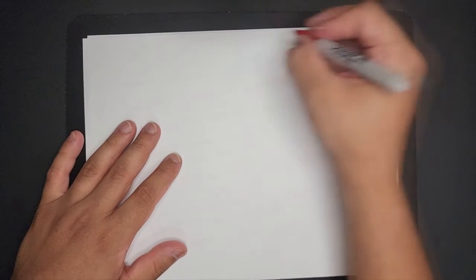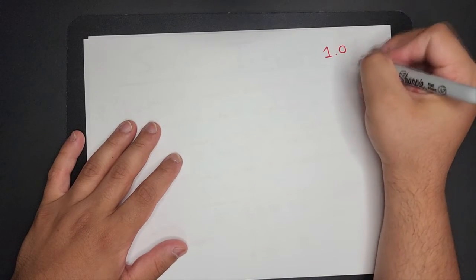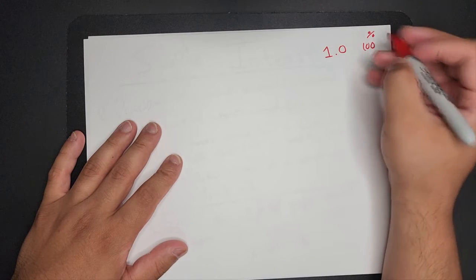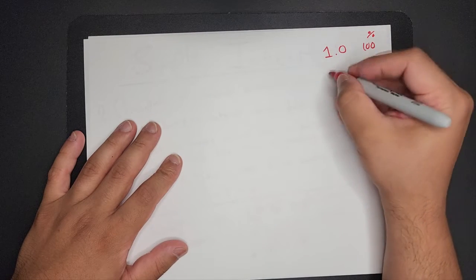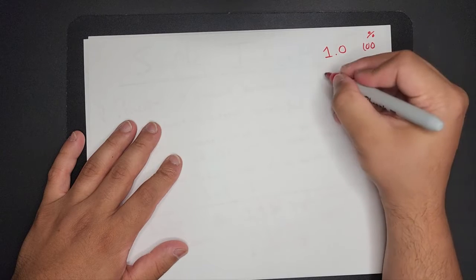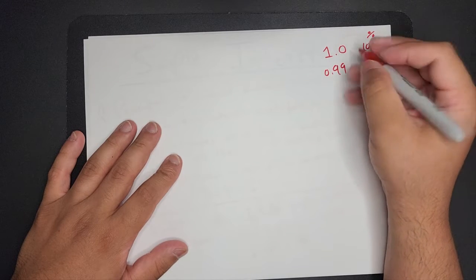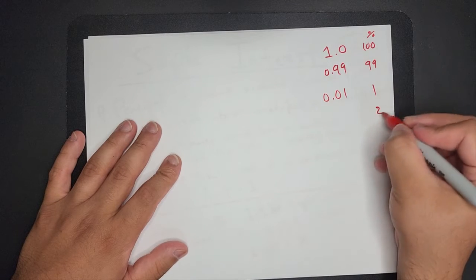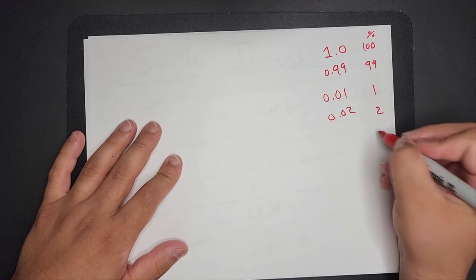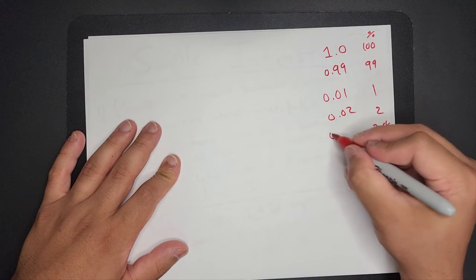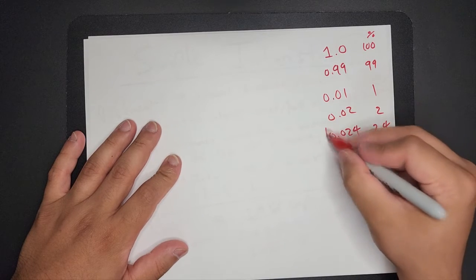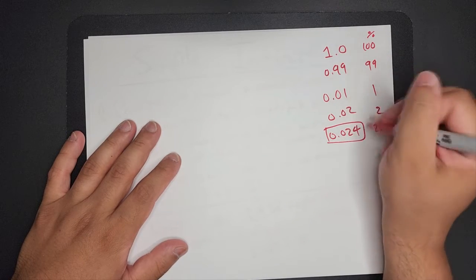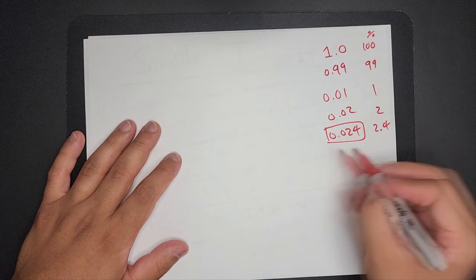Because 100% is 1.0. That's 100%. That means 99% is 0.99, which means 1% is 0.01, and 2% is 0.02, 2.4 is 0.024. So if you see this, don't be confused.